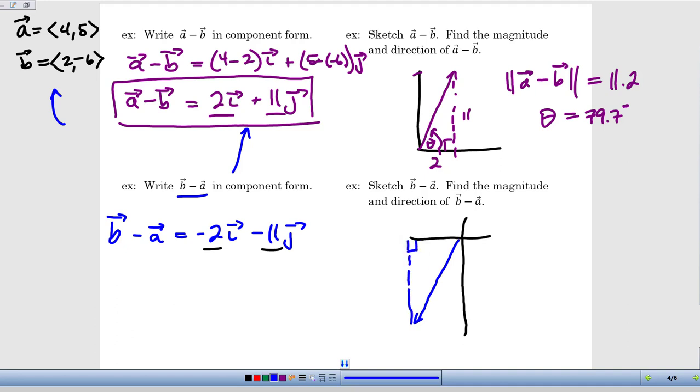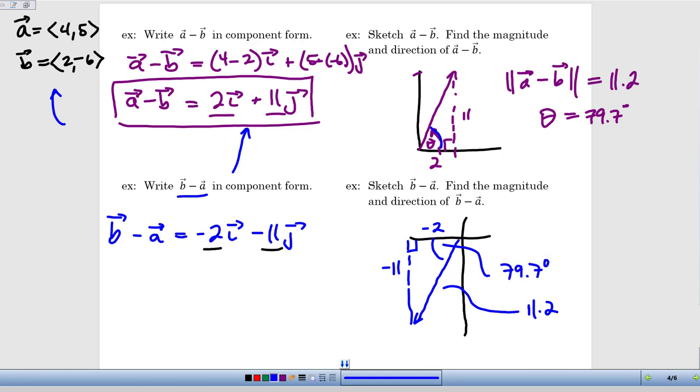So if we drop our perpendicular down, we already know what the magnitude of our vector is, because if this is 2 and this is 11, then we know that that's going to result in 11.2 as a magnitude. We also already know what this angle is, because that's the same as the angle that we have up here.